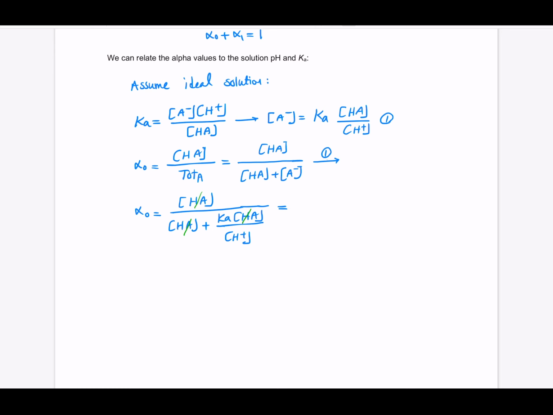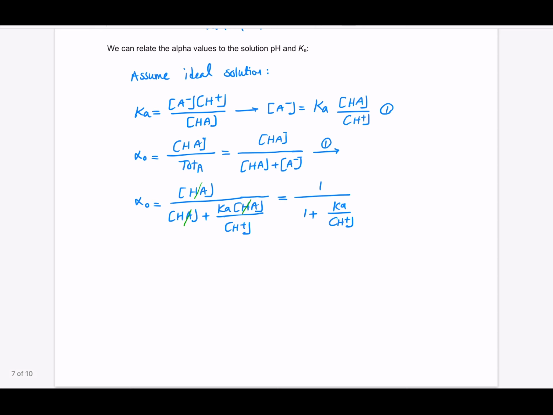So what we get is 1 over 1 plus Ka over H plus. Or if you do a little bit of rearrangement, so then alpha 0 would be H plus over H plus plus Ka.